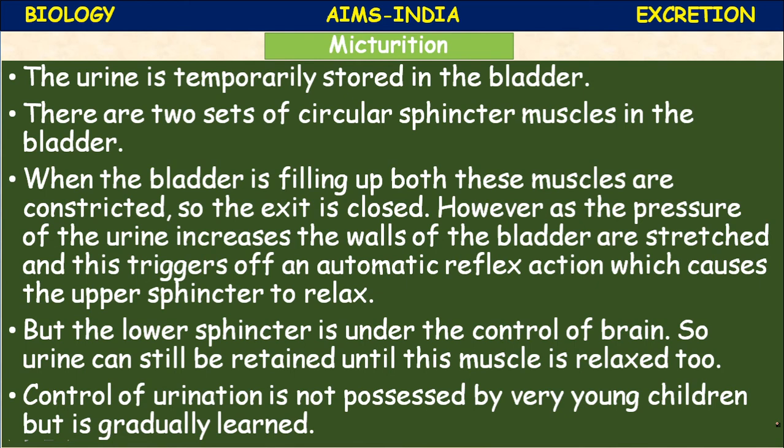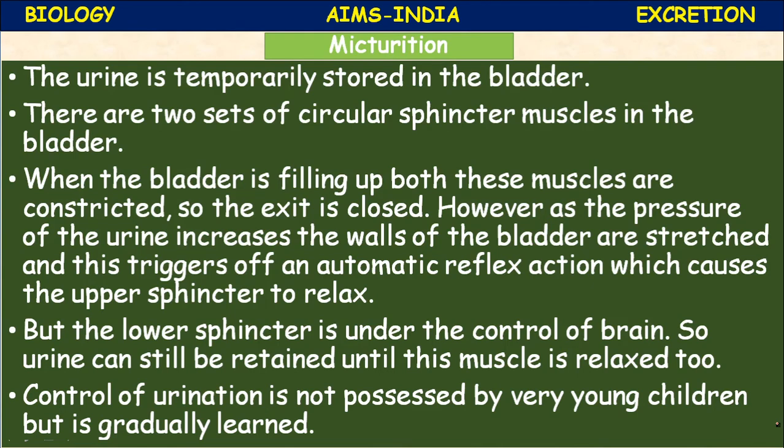Urination is a kind of reflex action in young kids, infants below 1 year, so they can't stop. The process of urination is called micturition. Micturition means passing out urine.